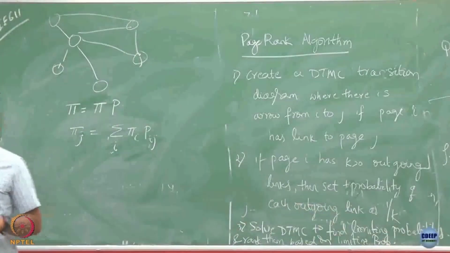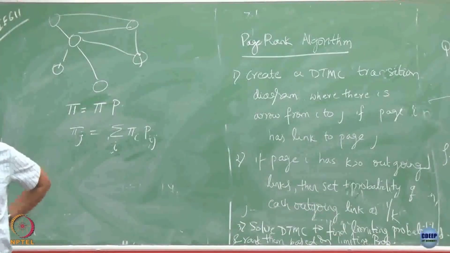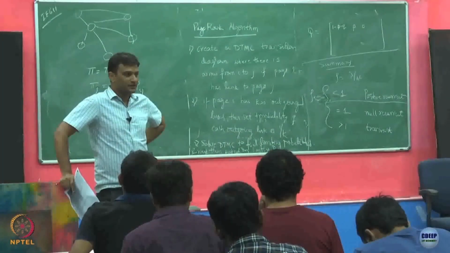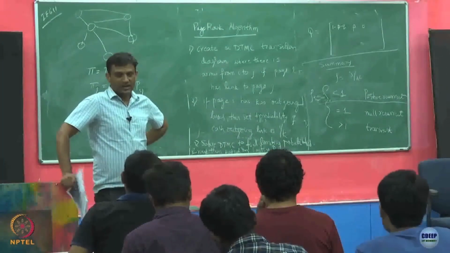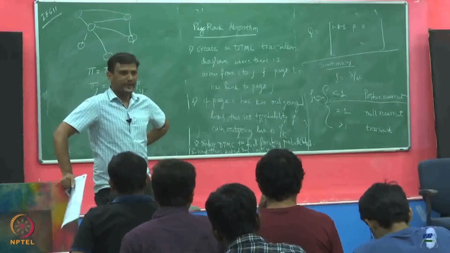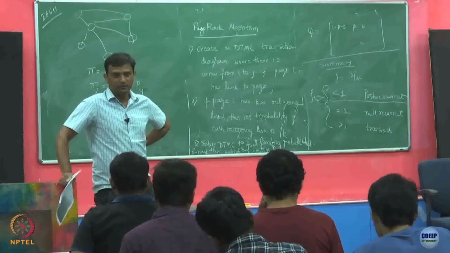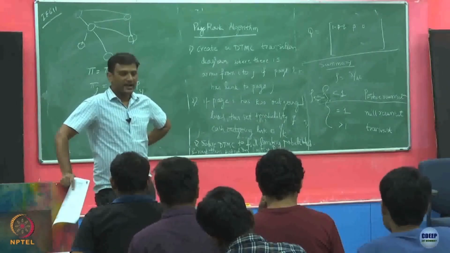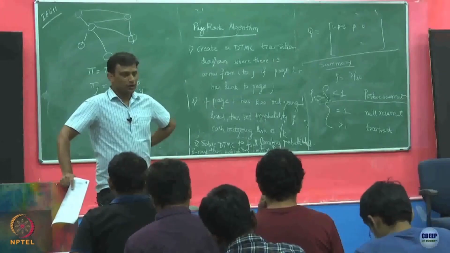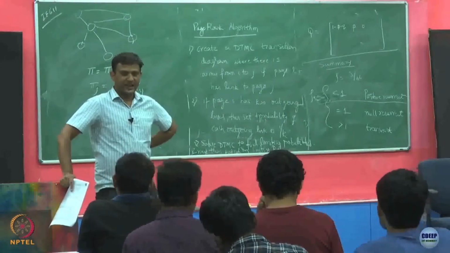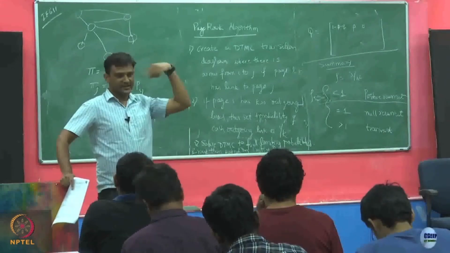So what you do, you take all the possible pages and draw a link from page i to page j if page i is referring to page j. Then take a particular page and see how many pages it is referring to.